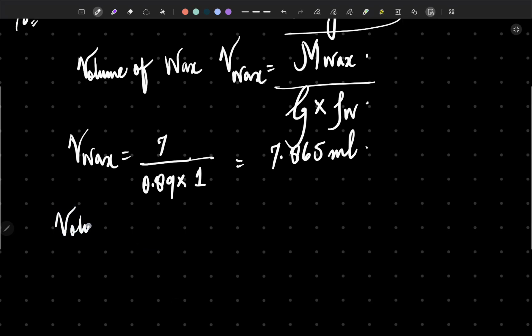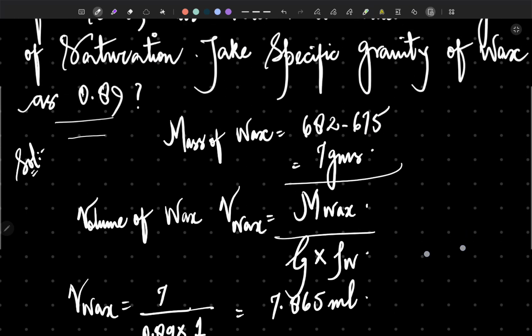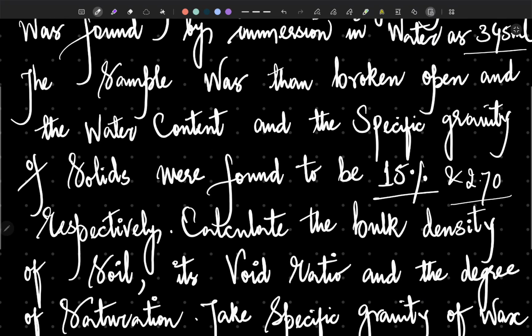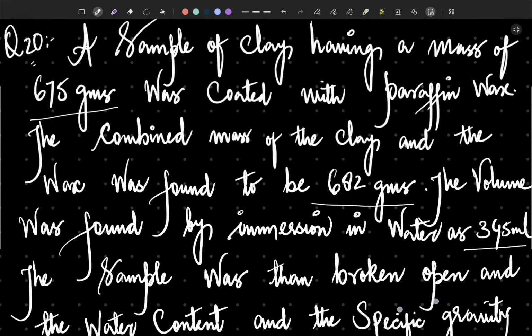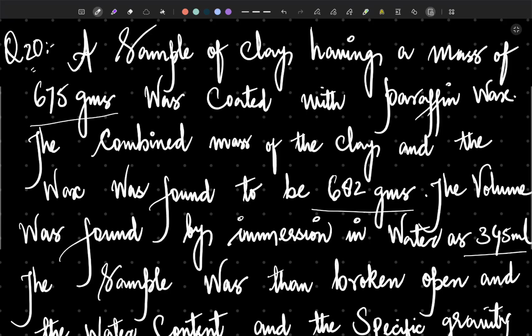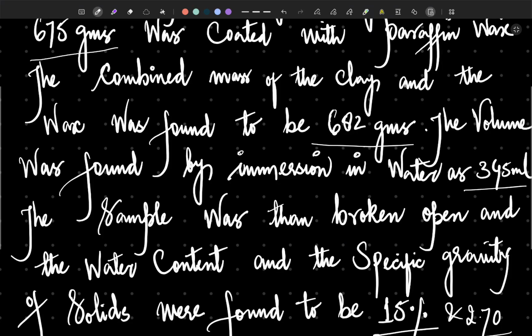Now we'll find the volume of soil. Let's get back to the data as given. A sample of clay was taken and coated with paraffin wax to make it impervious, and the combined mass was this much. Then the question says the volume was found by immersion in water as 345 milliliters.